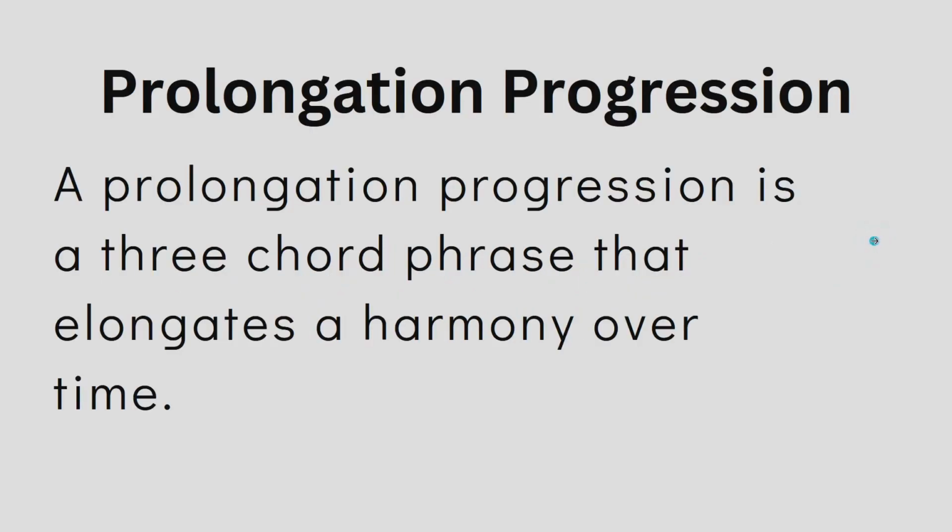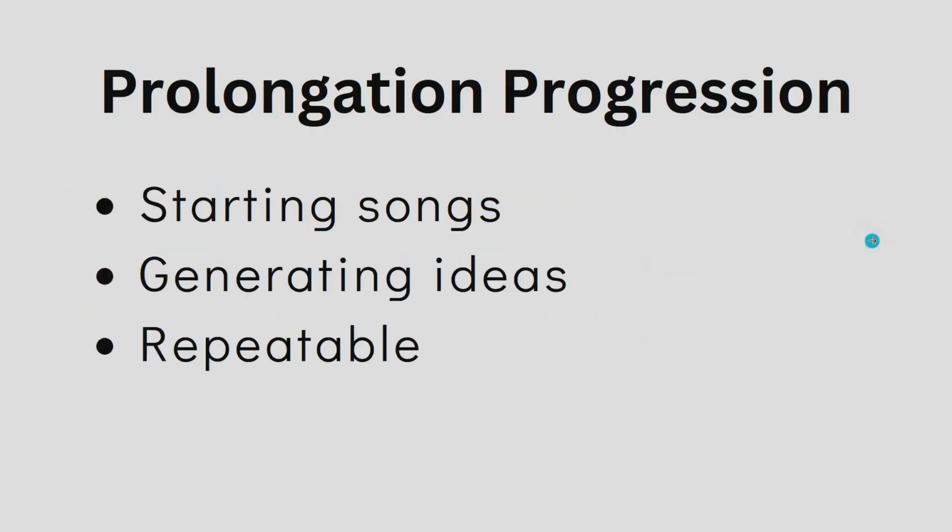So a prolongation progression is a 3-chord phrase that extends a harmony over time. And it can be any harmony. These are great for starting songs, generating ideas. They're really powerful because they can be repeated either exactly or in other ways.